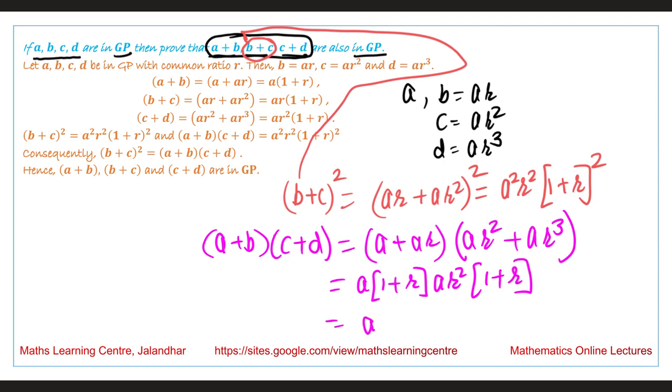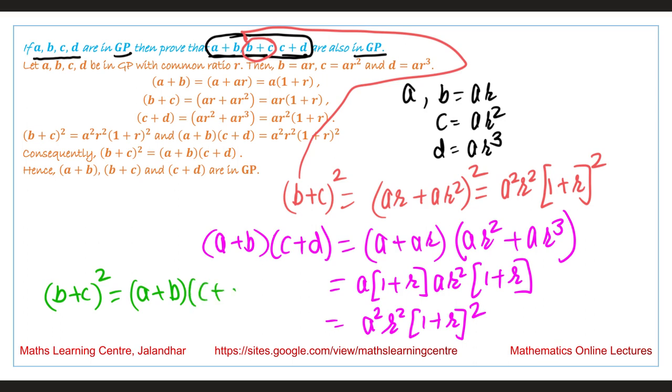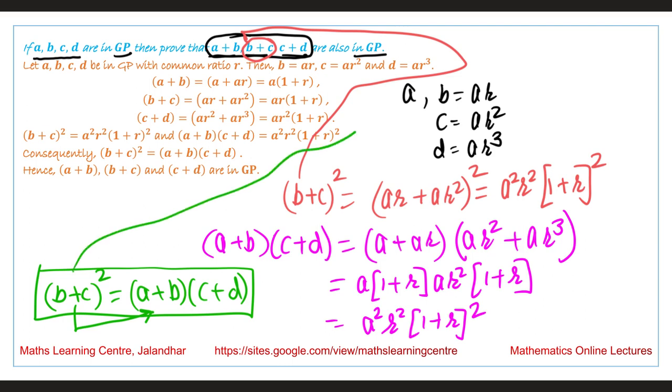The answer we get is a square r square into 1 plus r whole square. So clearly b plus c whole square is equal to a plus b into c plus d, and this proves that b plus c is the geometric mean between a plus b and c plus d, that is, these three terms are in GP.